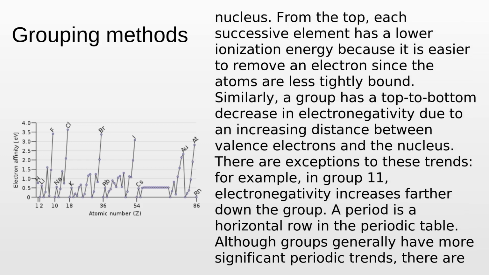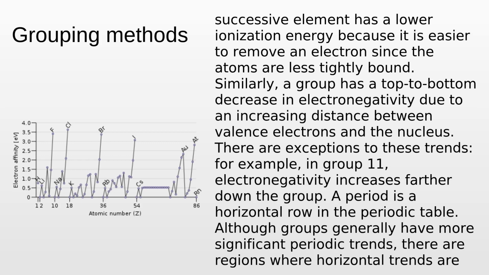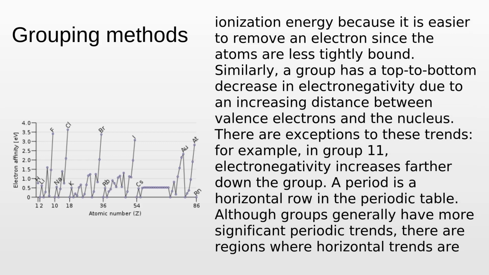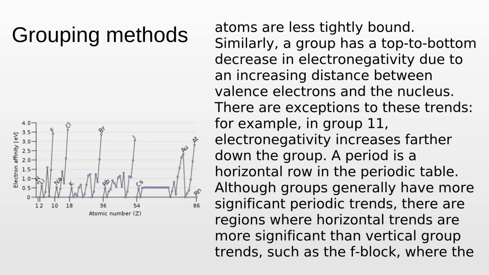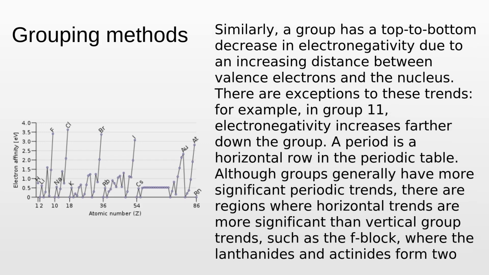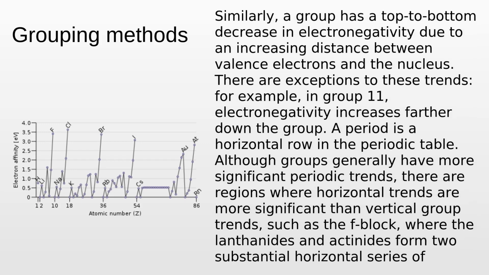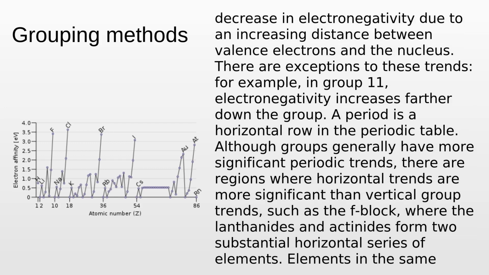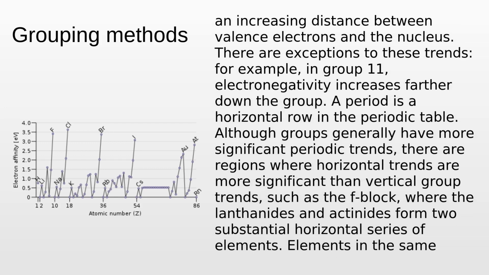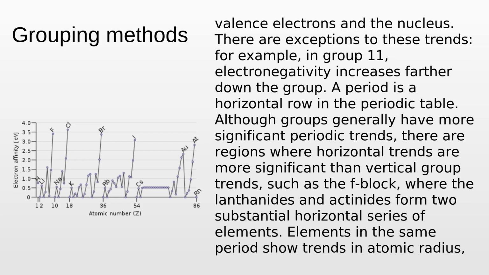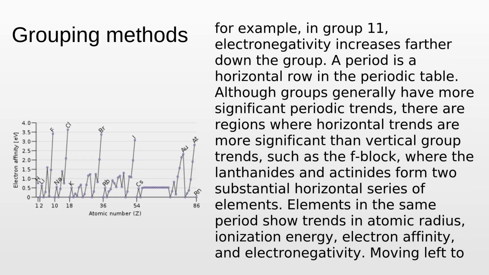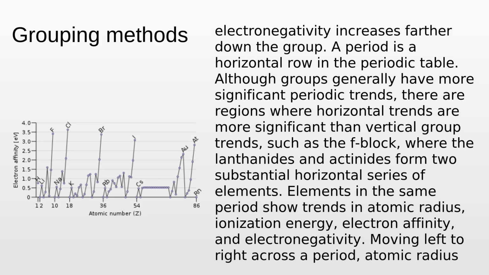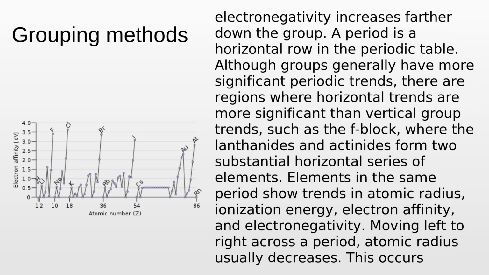From the top, each successive element has a lower ionization energy because it is easier to remove an electron, since the atoms are less tightly bound. Similarly, a group has a top-to-bottom decrease in electronegativity due to an increasing distance between valence electrons and the nucleus. There are exceptions to these trends. For example, in group 11, electronegativity increases farther down the group.